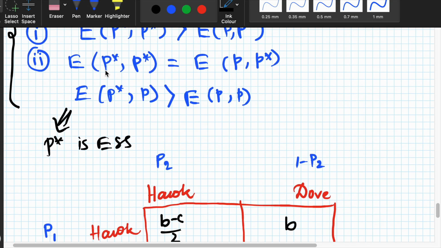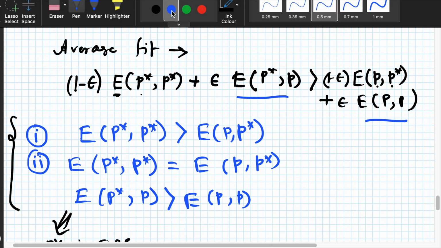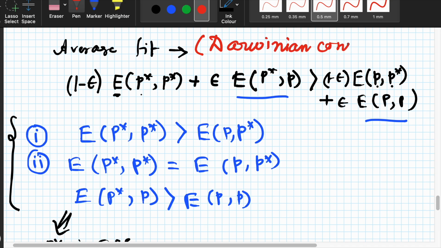The concept of ESS is such that no mutation can overtake the population, so the strategy of the population remains fixed. That is the equilibrium concept. Using the Darwinian concept, if the average fitness of p star is higher than the average fitness of the mutant, then this population of p star cannot be invaded by the mutant p.